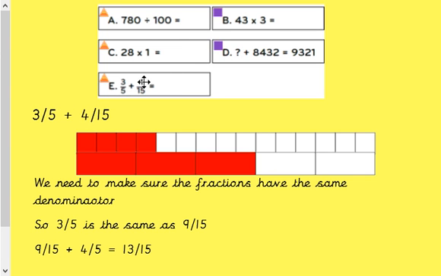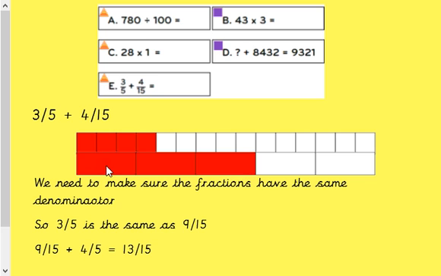Okay, our next question is one of these fraction questions that have different denominators. Okay, so we've got 3/5 plus 4/15. So I've set up 2 fraction bars for you here, one with 15ths and one with fifths. Now you can see at the top here I've got 4/15 that I've marked on for you, nice and simply. And I've also got 3/5 here, 1, 2, 3.